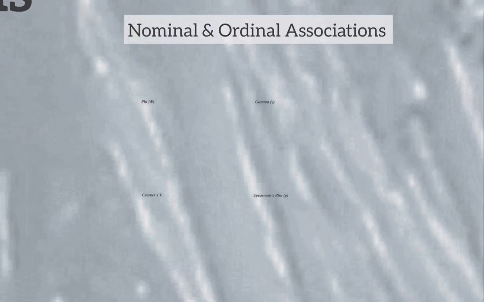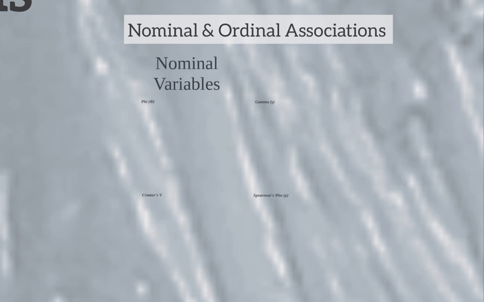So let's talk about nominal and ordinal associations. For this, we will be discussing 4 different statistical analyses. On one side of our statistical analyses, we will be discussing nominal variables, and specifically how various statistical analyses relate to nominal variables.